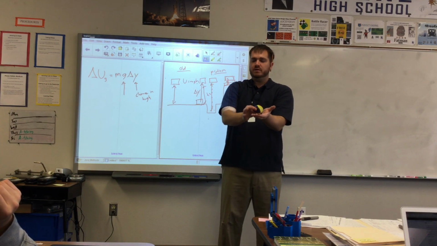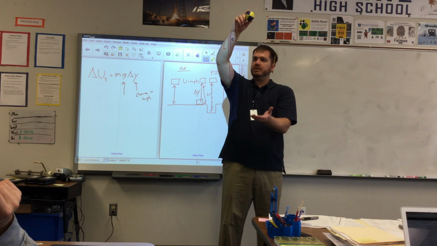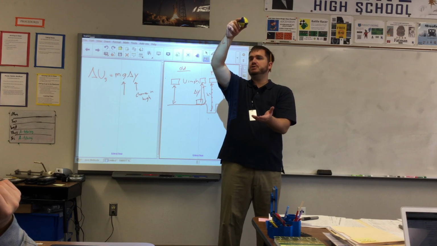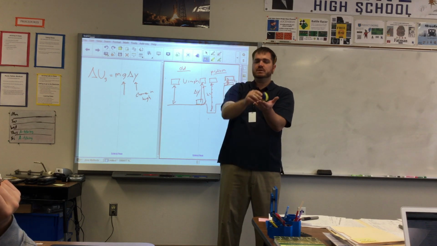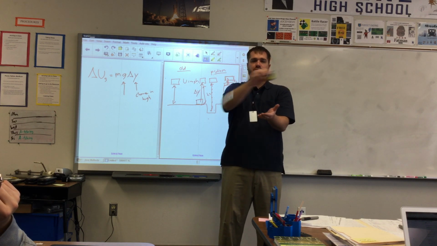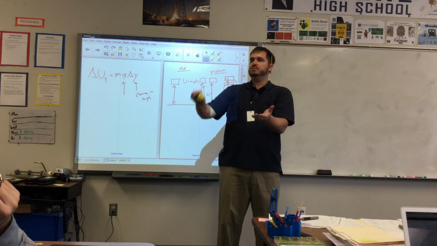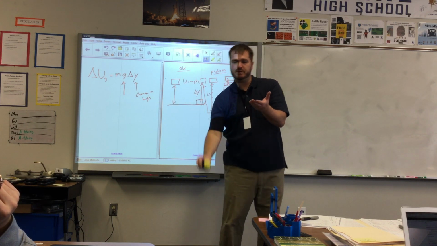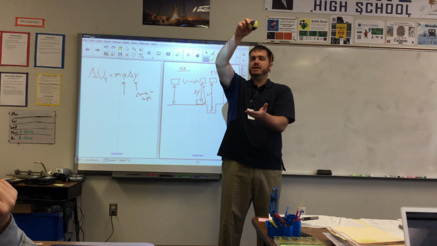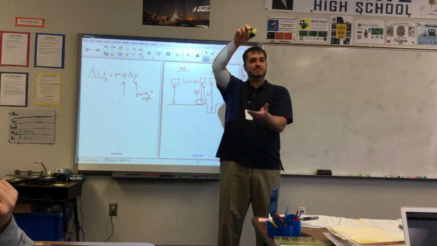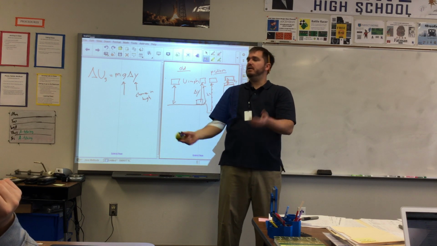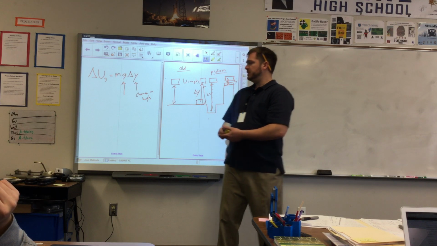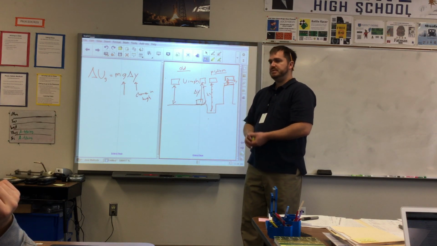Also, notice, let's say I go from here and I go up to here, I've got a change in energy of 10 joules. It was 0, and now it's 10 joules. Watch this. This is what Raina did. Go down here. Right here. Stop at the same place. What's the change in potential energy? 10 joules. Right. It doesn't matter about the path, in terms of the change in potential energy.